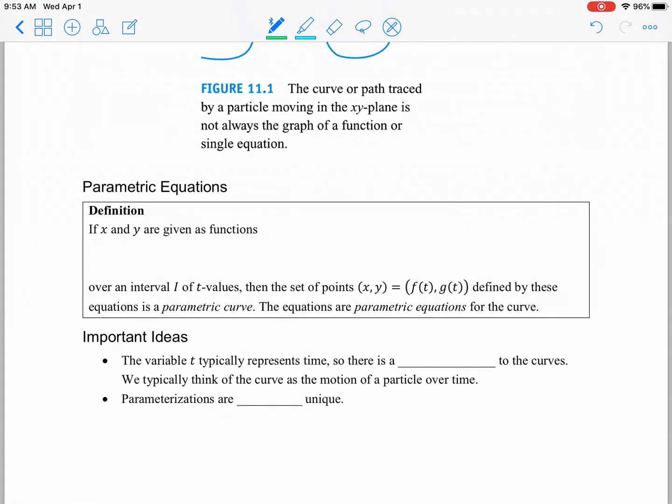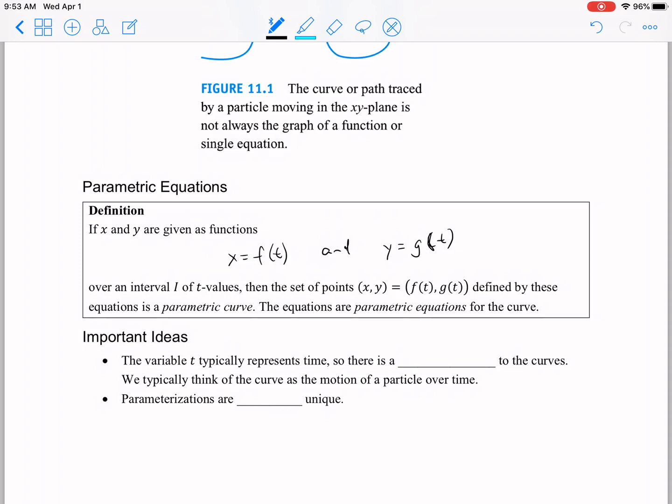So parametric equations, our definition: if x and y are given as functions, then we can have x as a function of time and y as another function of time, like that.